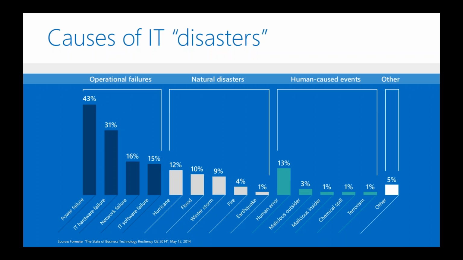Human error itself affects your business running constantly, and having to deal with a disaster situation, more so than those natural disasters. So this is very interesting. You might need to rethink what a disaster truly means and what it could be caused by. There's only so much that you can do to prevent all of these from happening.